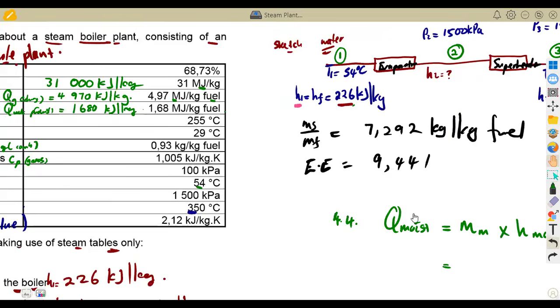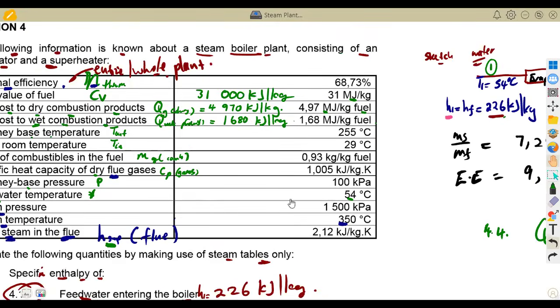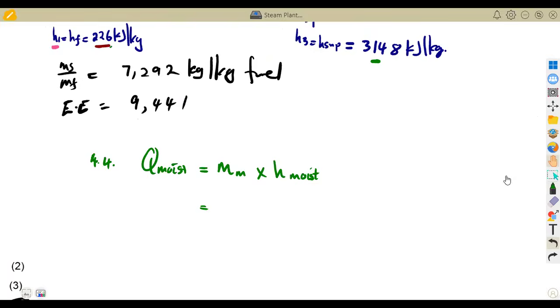Okay, let's get back to our information. When it is totally dry, the specific heat capacity in the flue, meaning totally dry, this is for the superheated, so you're going to have the difference there.